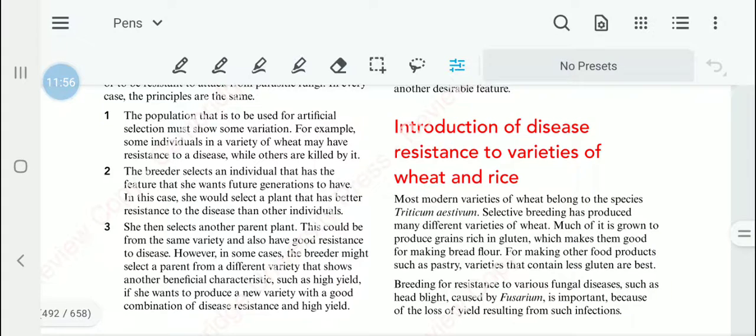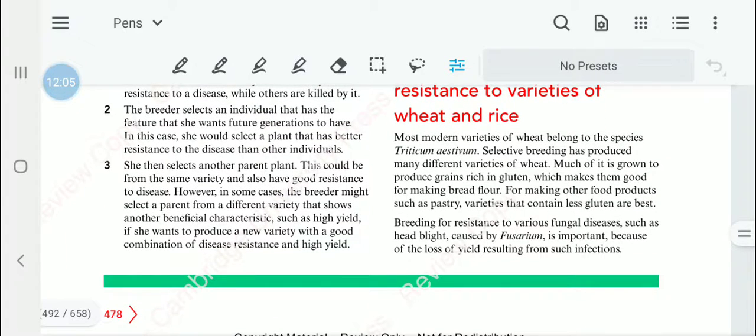Right. So now we are going to deal with disease resistance in varieties of wheat and rice. Most modern varieties of wheat belong to the species Triticum aestivum. So the selective breeding has produced different varieties of wheat.